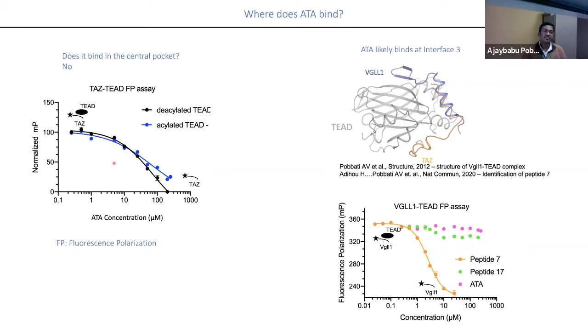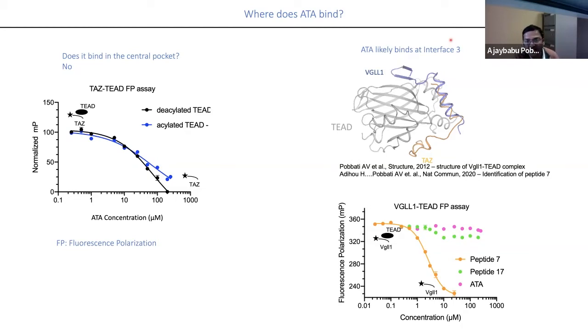Given that ATA is active when I used both forms of TEAD, it suggests that the compound ATA is acting on the surface. The reason is when I use acylated TEAD or lipidated TEAD, it is blocking the central pocket. If the molecule cannot access the central pocket and still is active, it suggests that the compound is binding on the surface.